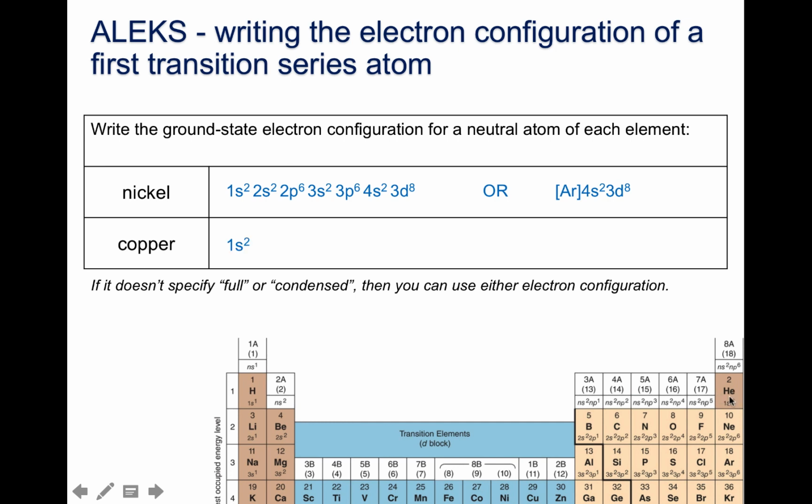So 1s2, 2s2, 2p6, 3s2, 3p6. Finally, because it's in position number 9, and that's an exception to the rule, we have 4s1, 3d10. And so this would be the full electron configuration for a neutral copper atom. If you were going to write the condensed electron configuration, you would write argon in brackets and then 4s1, 3d10 to indicate what is different between argon and copper.